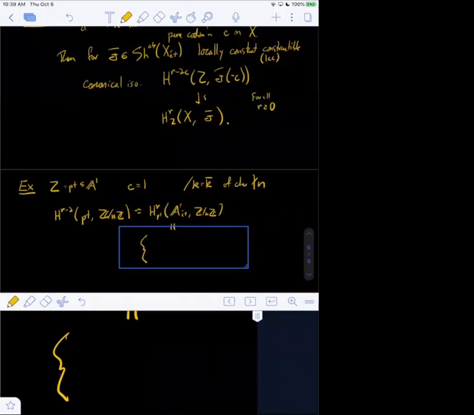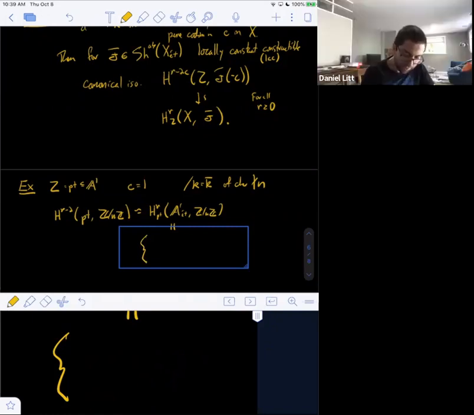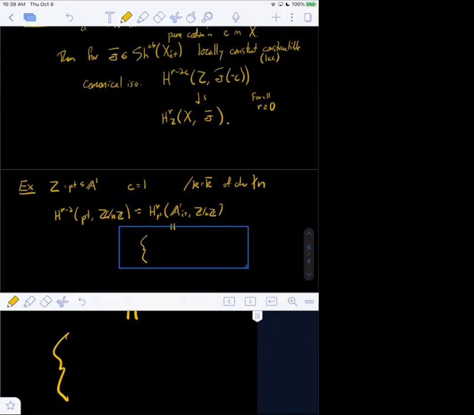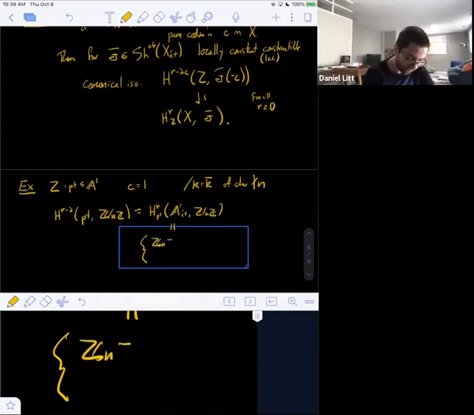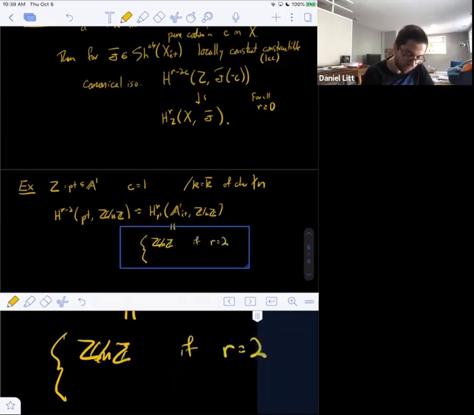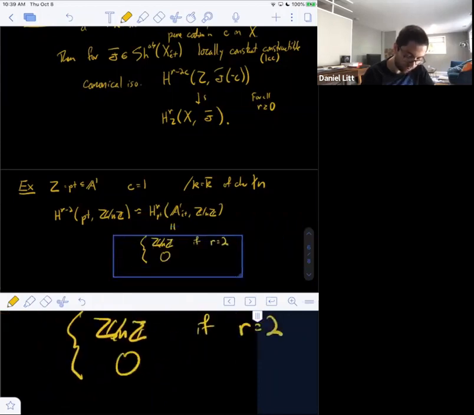If r is 0, it's just Z mod n, and if r is bigger than 0, then it's 0. Maybe if r is 2? Ah, you're right. So this is Z mod nZ if r is 2 and 0 otherwise.